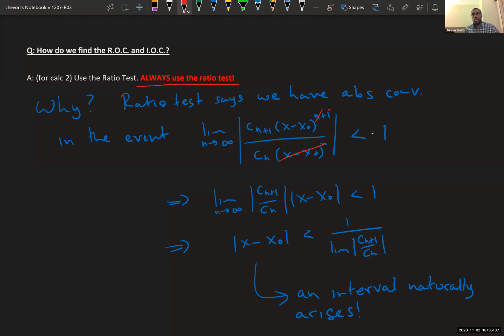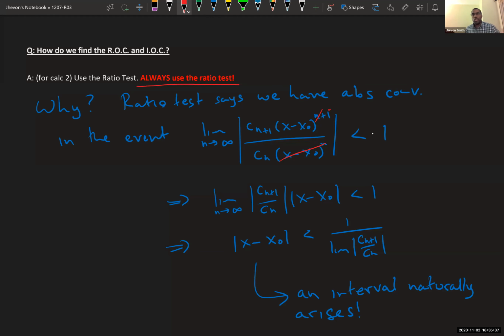So this means my Cn is just 1 for all n, and my x naught is 0. And if I write that out in my formula, that's what this is. This is the same as saying 1 times x minus 0 to the n. So it's in the form of a power series. It is a power series.